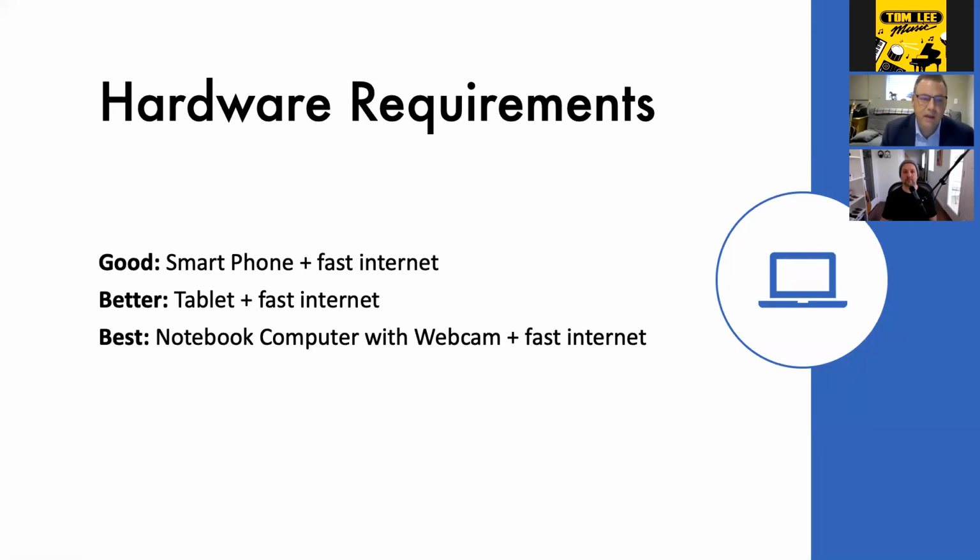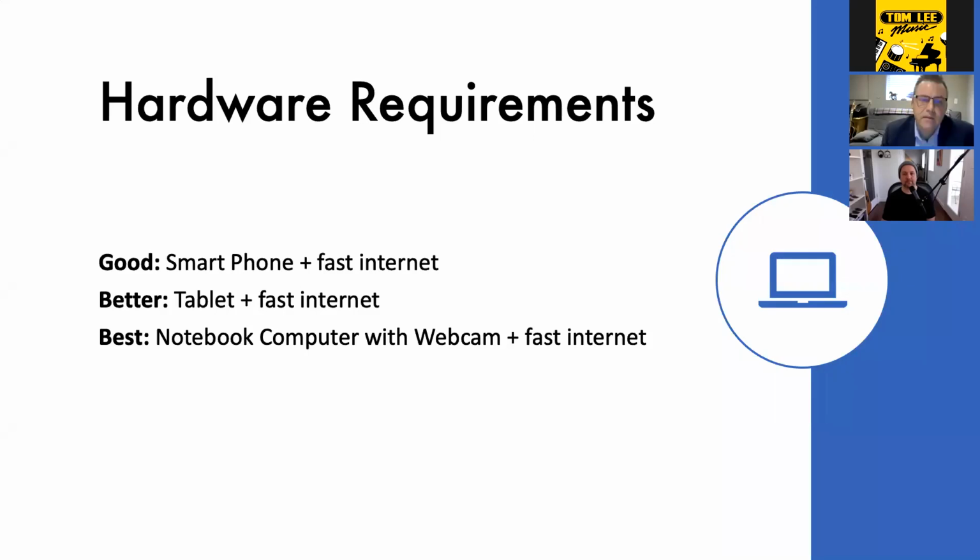So first of all, the pros of a smartphone is it's affordable. Everybody has a smartphone, or most people have one, so they're easily available. They're generally easy to use, and inexpensive because you already own one. The cons of using a smartphone for teaching and learning is the small screen. It's very difficult to see and to do things like share screens.